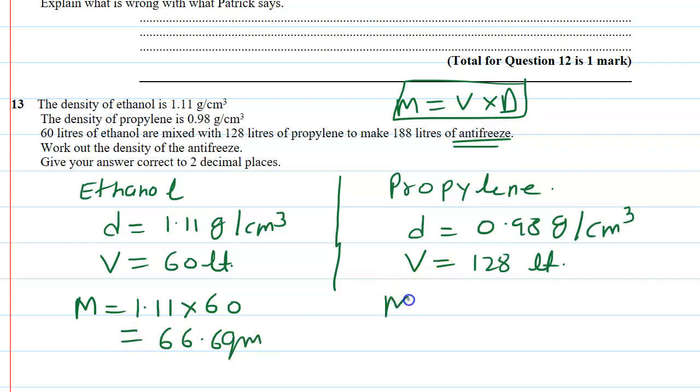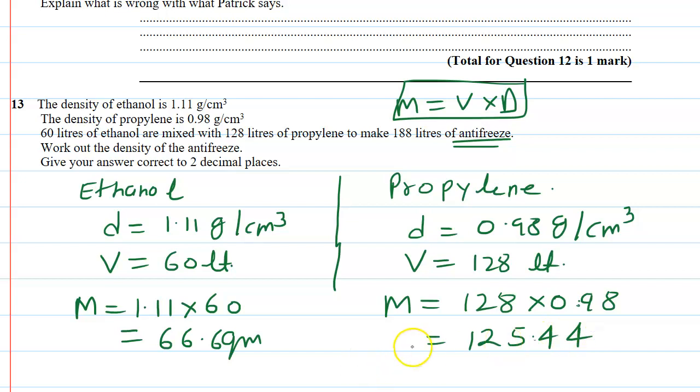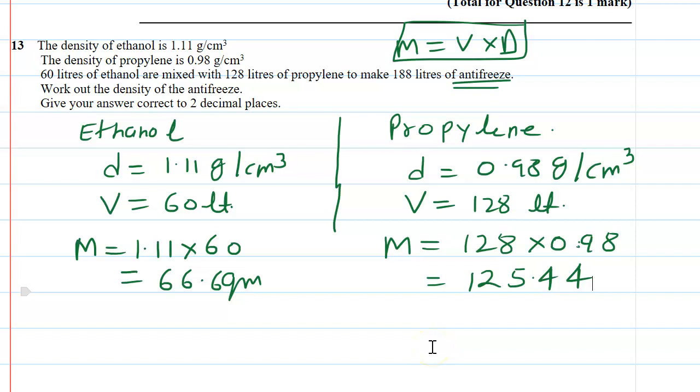And here if you find mass, volume times density, that is 128 times 0.98. Once you multiply, it will be 125.44.